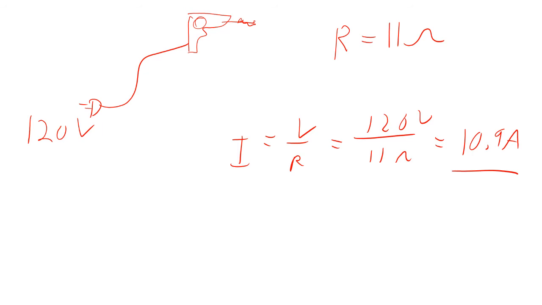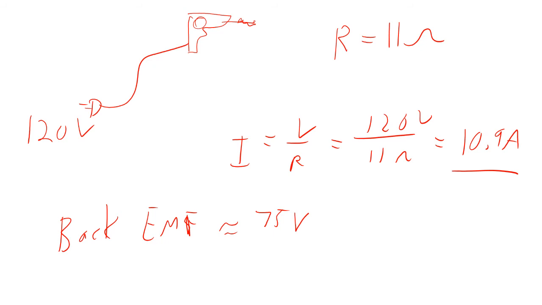But because you have a motor, which is a coil spinning in a magnetic field, what that does is it makes an EMF. The EMF is going to be resisting the change, so that means we have what we call a back EMF. So the back EMF, let's say it's equal to 75 volts.